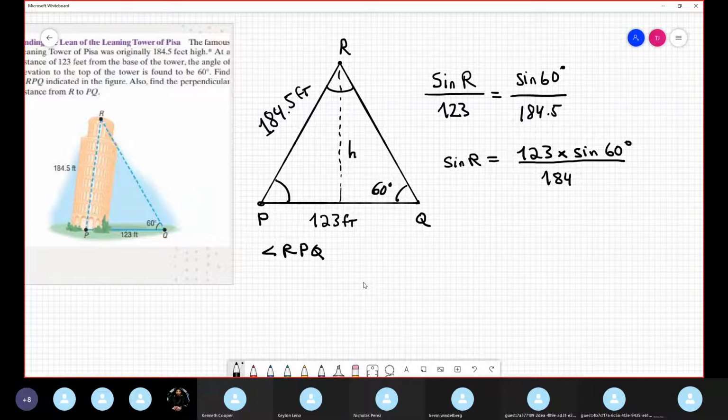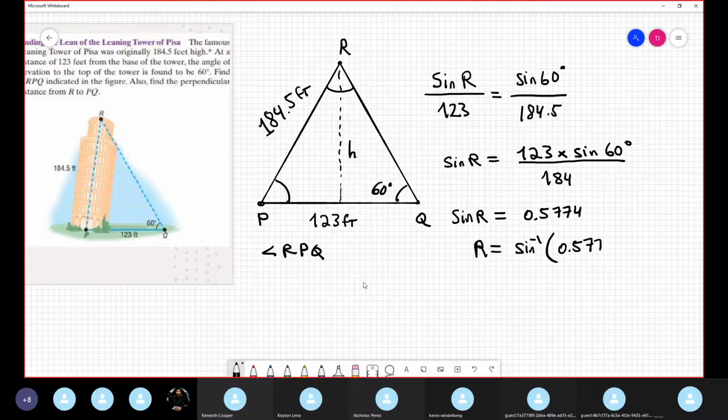Okay, let's do it. Sine R is equal to 0.5774. To find R, I take the sine inverse of 0.5774, and the answer is 35.3 degrees. This is this angle.